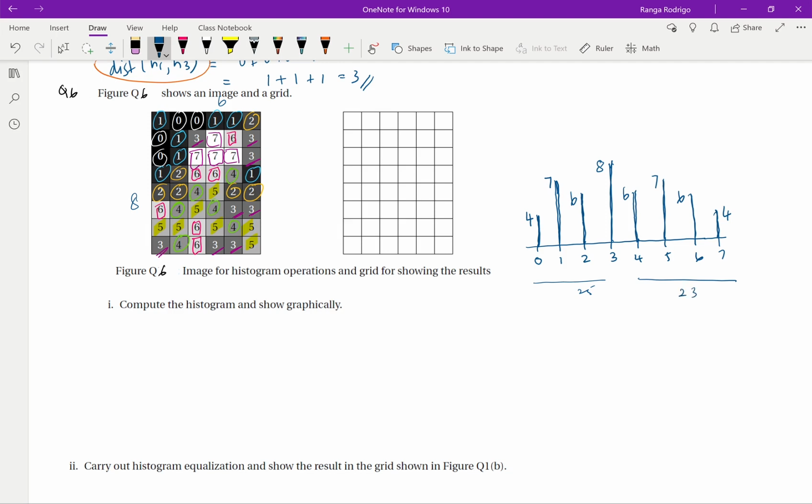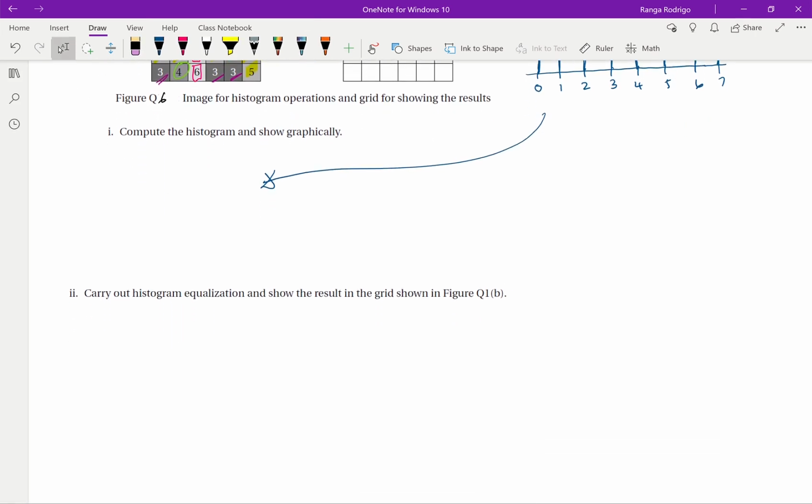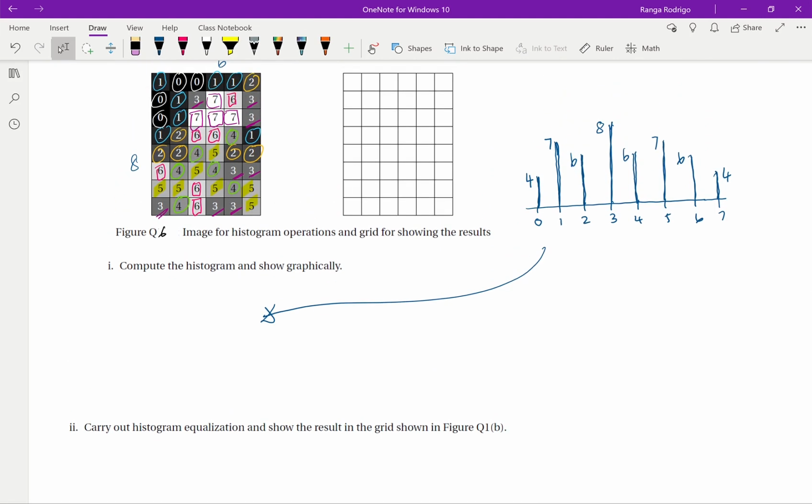Correct. Okay, so we get 48. So histogram is correct. So now compute the histogram and show graphically. So this is what you need to show here. And then carry out histogram equalization and show the result in the grid shown in figure Q1b.